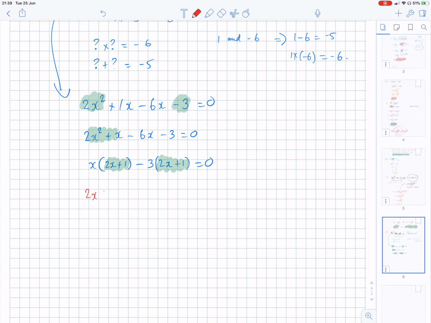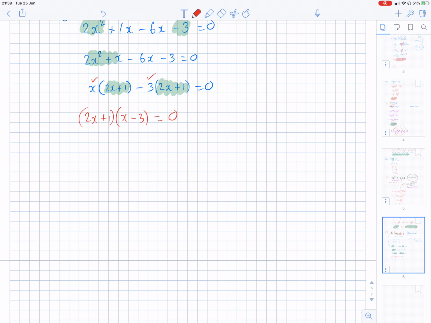So 2x plus 1, when factorized, will leave x minus 3, so x minus 3 equals 0. So 2x plus 1 is equal to 0, or x minus 3 is equal to 0. 2x is equal to minus 1, so x is equal to minus half, or x is equal to 3. Done.